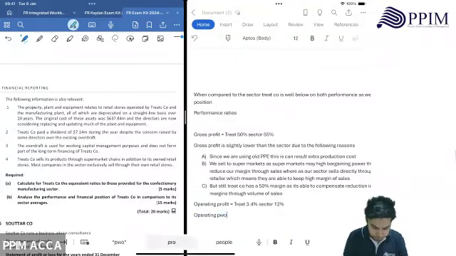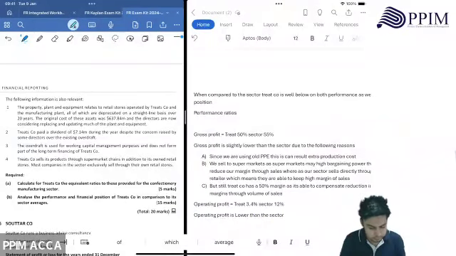Operating profit is lower than the sector due to lower gross profit margins mentioned above.